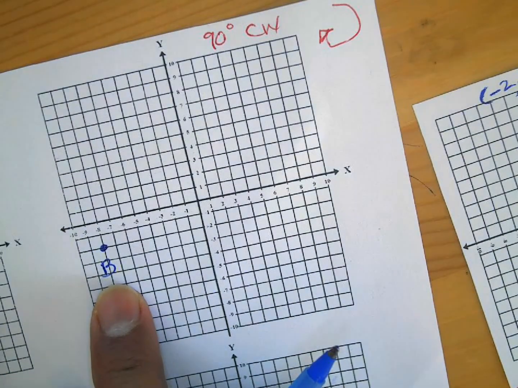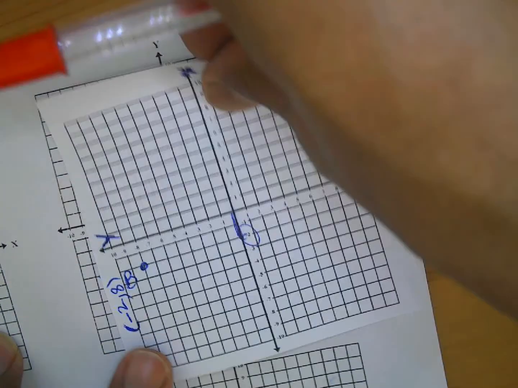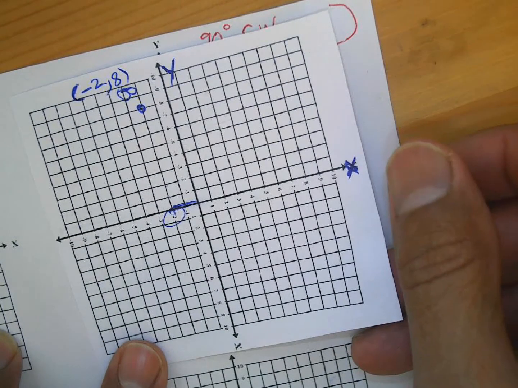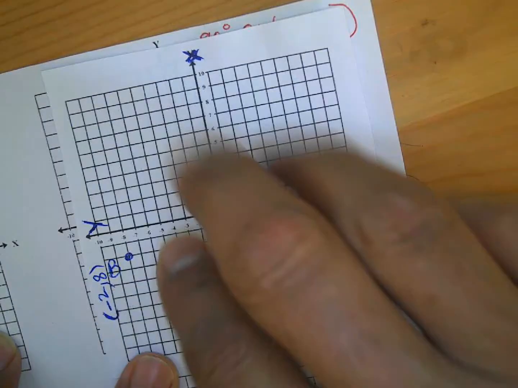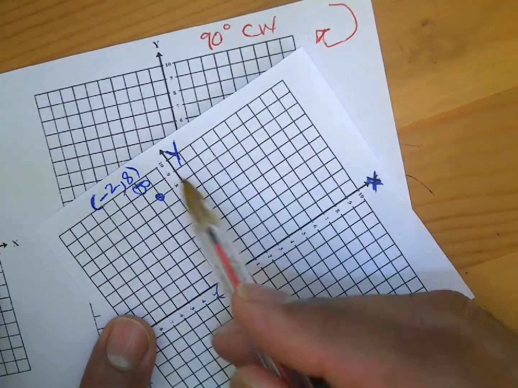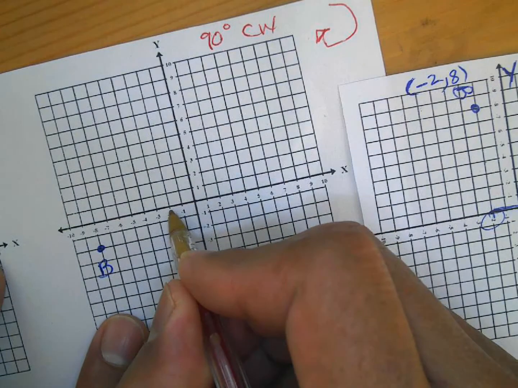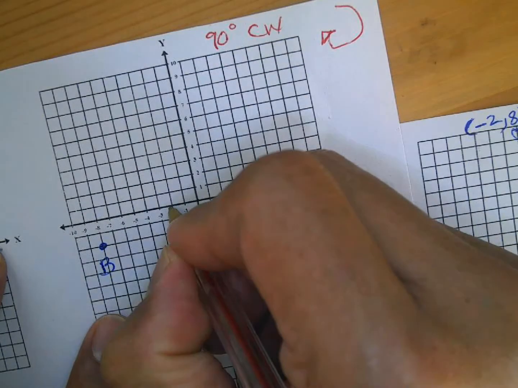So if this was the pre-image, the one I rotated over here, remember that? I wrote the B like this, but when I rotated, you see it turned sideways. So just go now to -2, 8.